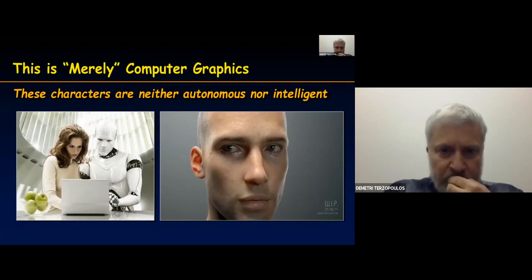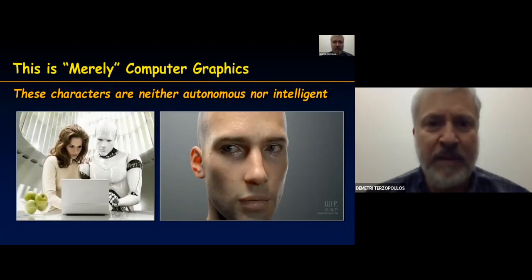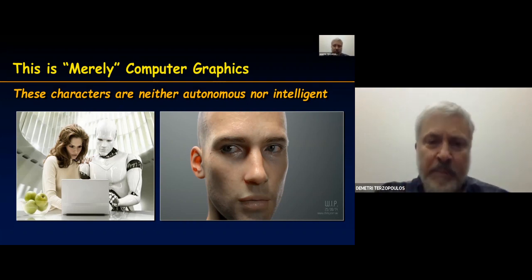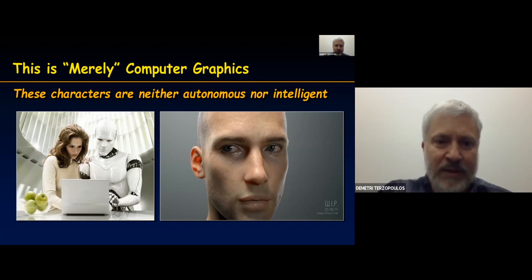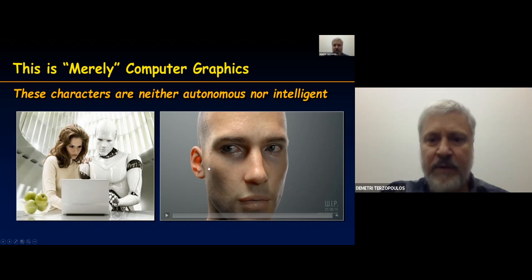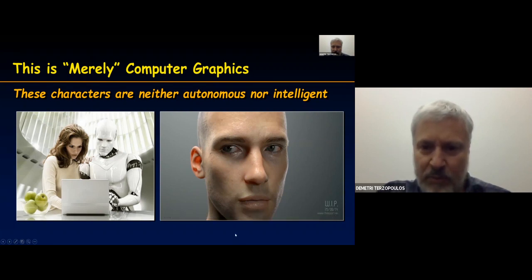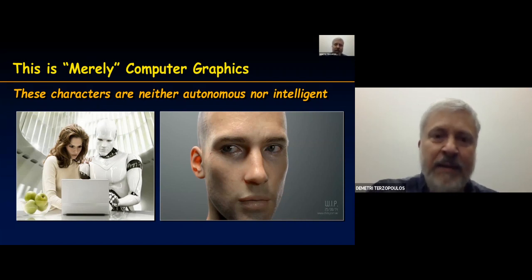This is much more possible today because computer graphics has made major strides in improving realism. Just like that image I showed you earlier on the left, we also have here another image. You have to look closely at it to decide whether or not it's actually a photograph of a real person, or whether this is a graphics model of a human head.